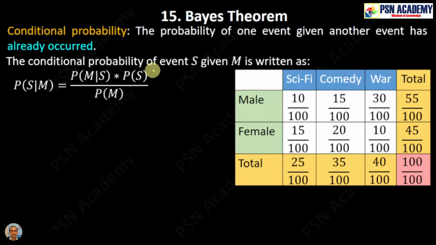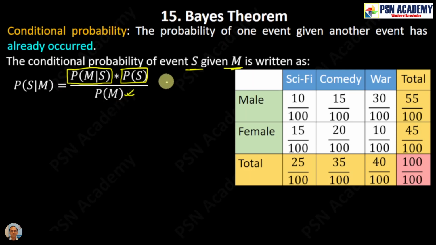The conditional probability of event S given M can be written as, in the numerator you see, probability of M given S, that is the reverse conditional probability, times probability of S, and the denominator is probability of M as it was before.